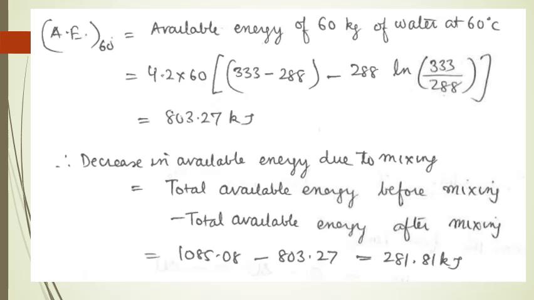And this available energy for 60 kilogram of water comes out to be 803.27 kilojoule. So the decrease in available energy due to mixing can be obtained by subtracting the total available energy after mixing from the total available energy before mixing, and we get the value as 281.81 kilojoule.